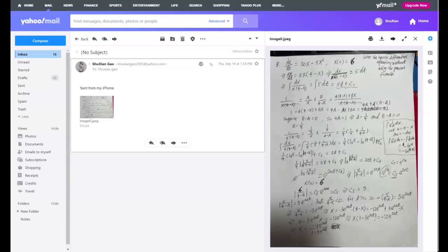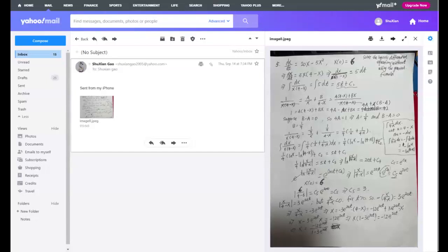The 4a is the constant, so b minus a equals 0. When b minus a is 0, 4a equals 1.